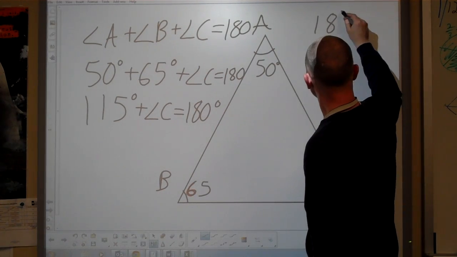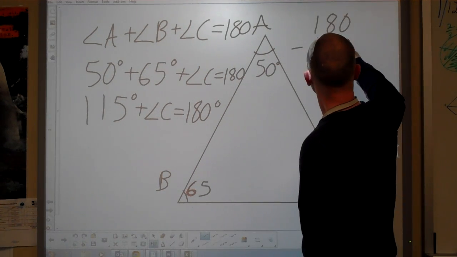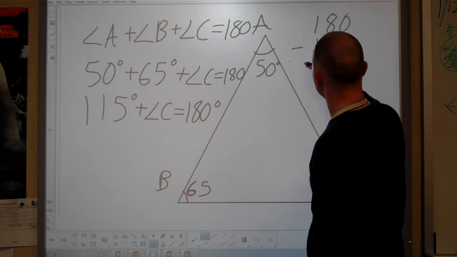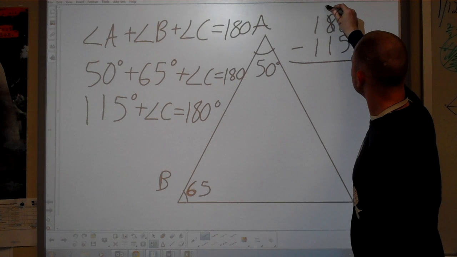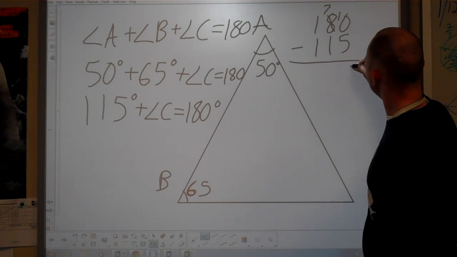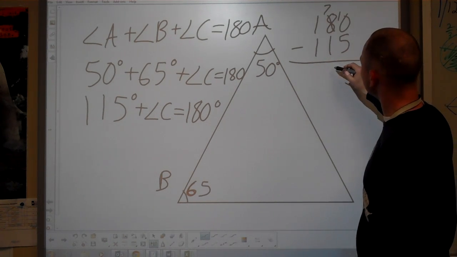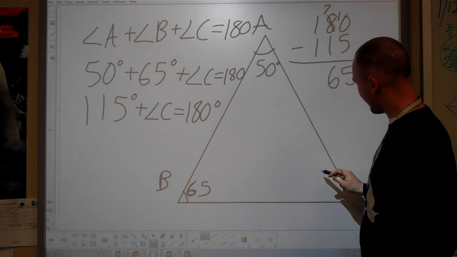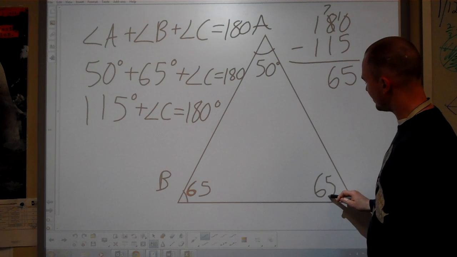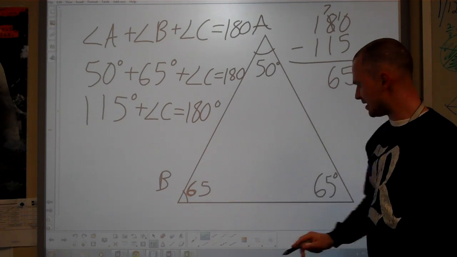So 180 minus 115, that's going to give me my angle C. So 10 minus 5 is 5. 7 minus 1 is 6. And 1 minus 1 is 0. So this is going to have to be 65 degrees, just like angle B.